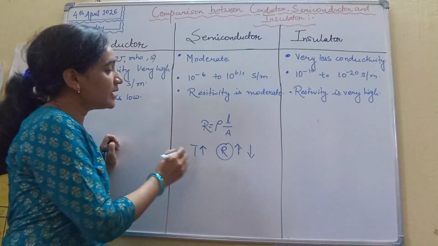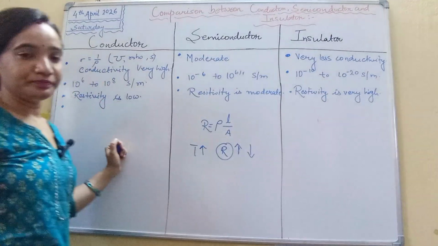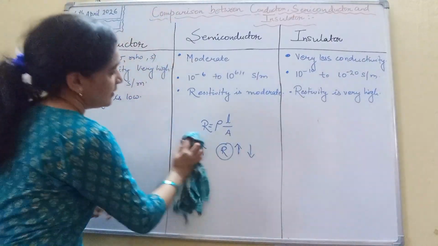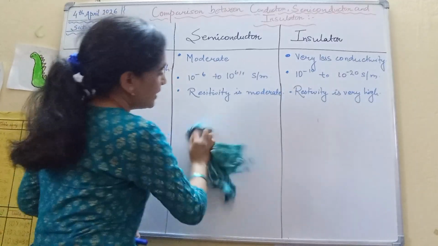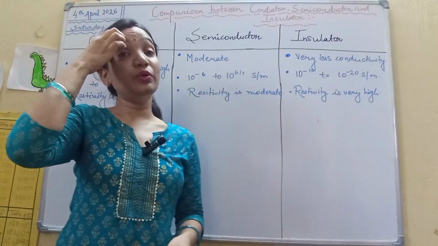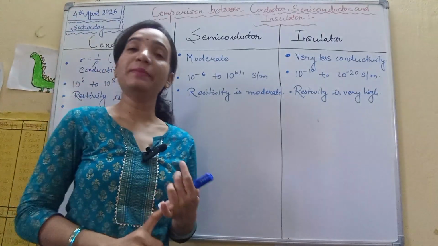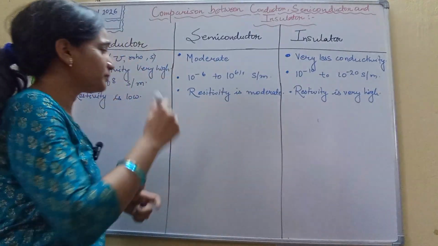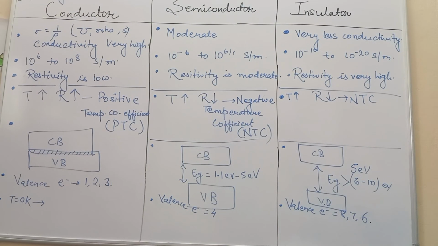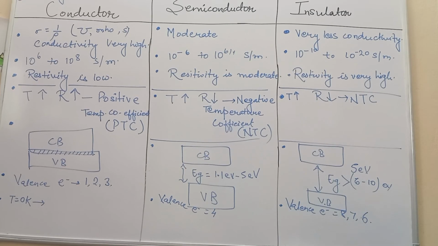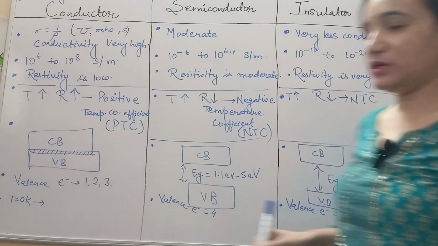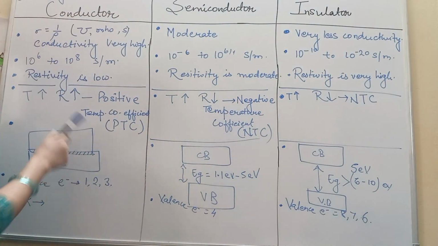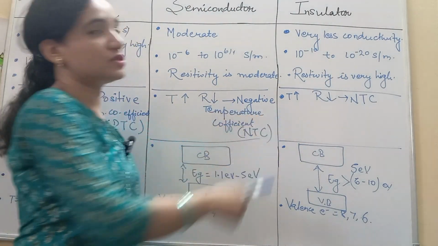Now there are two things: one is positive temperature coefficient and one is negative temperature coefficient. We will now discuss the temperature coefficient and its relationship with the conductor, semiconductor and insulator.